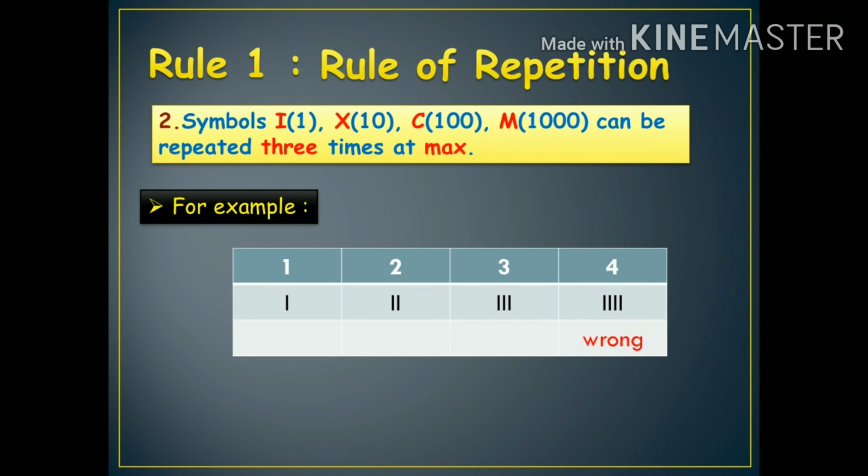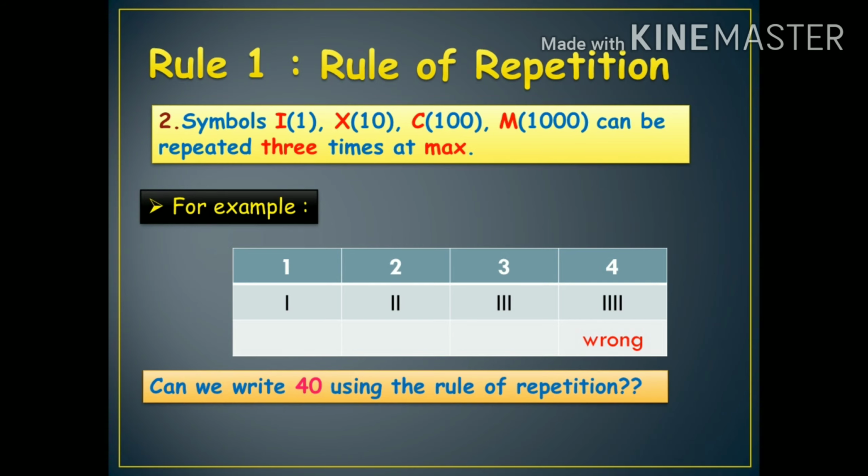For example, 1 is equal to I, 2 is equal to 2 times I, 3 is equal to 3 times I, but can we write 4 as 4 times I? No, it's wrong. We cannot repeat I more than 3 times.